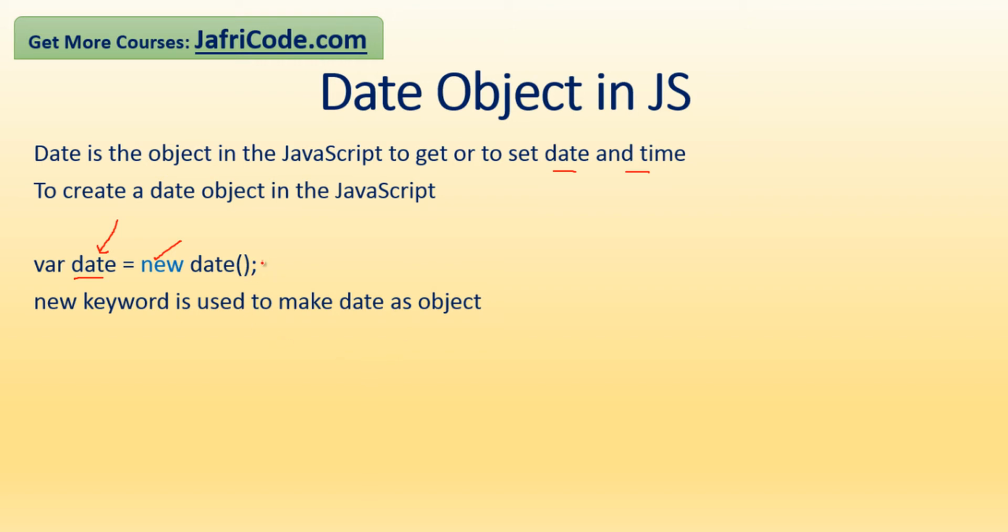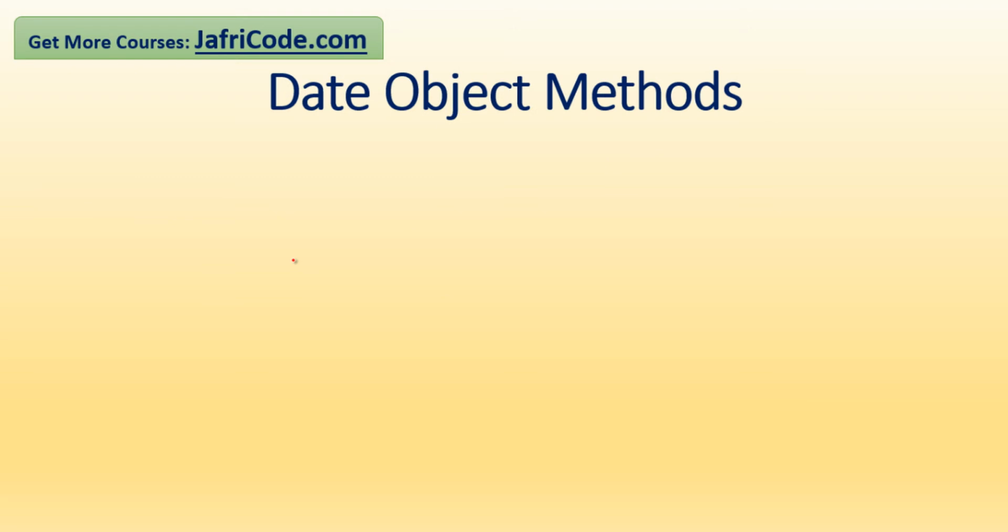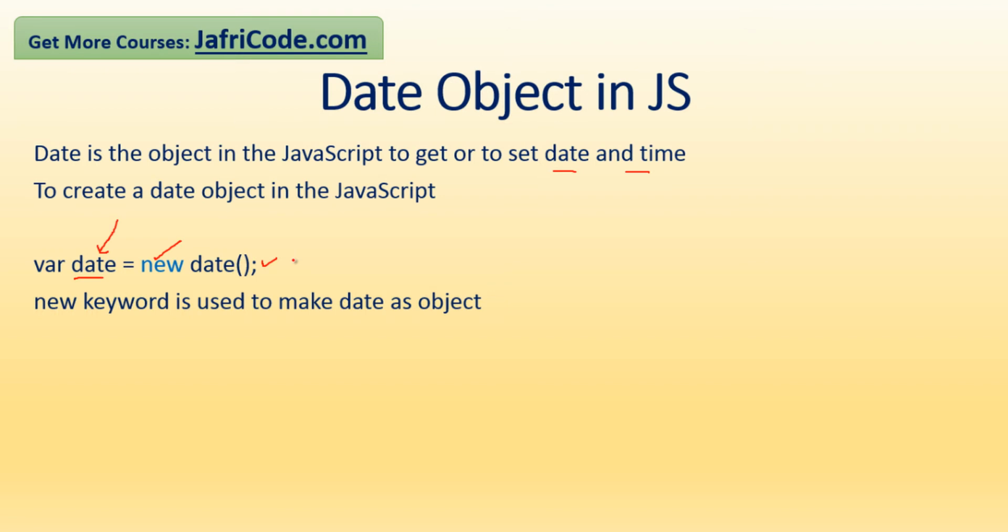This is the way you can create date as an object. In the next PPT slide I will show you the different methods you can get using the date object.